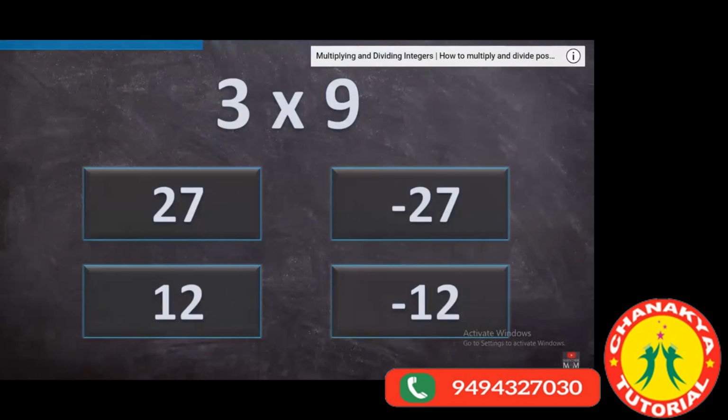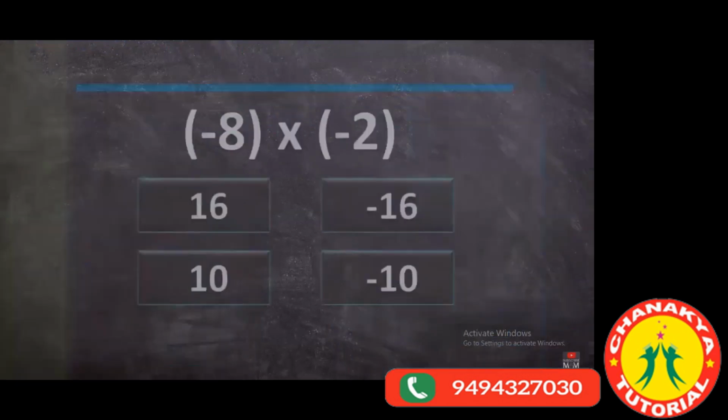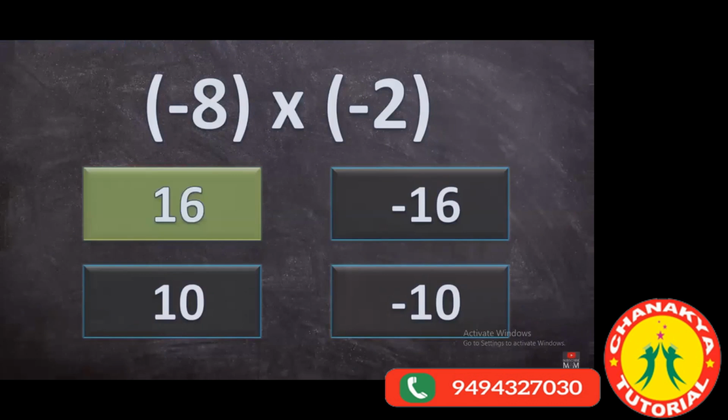Ma'am, it's 27. Ma'am, it's -16. How to multiply? Minus plus. Okay, ma'am.